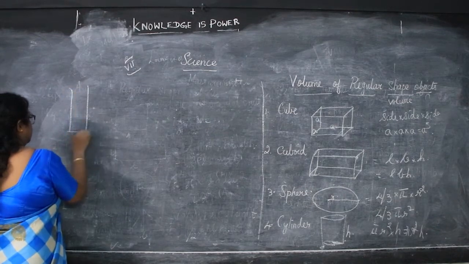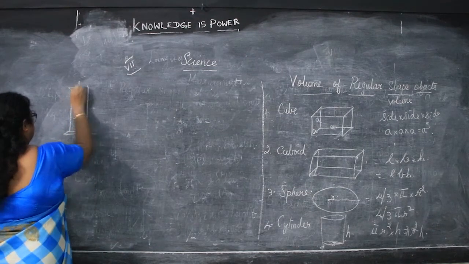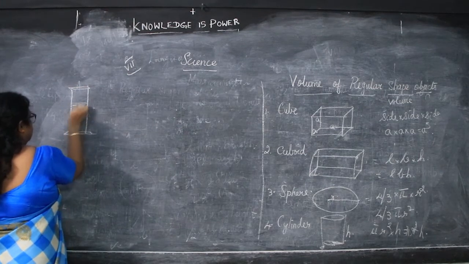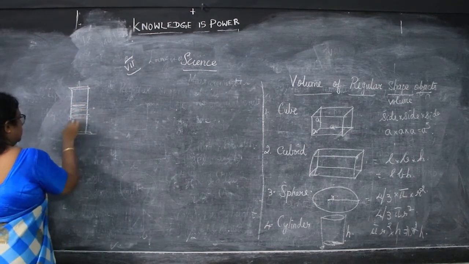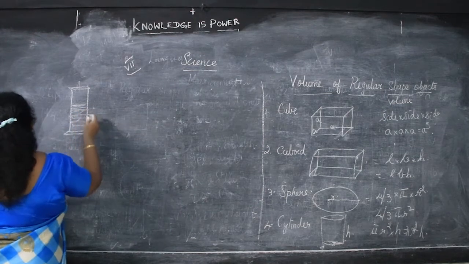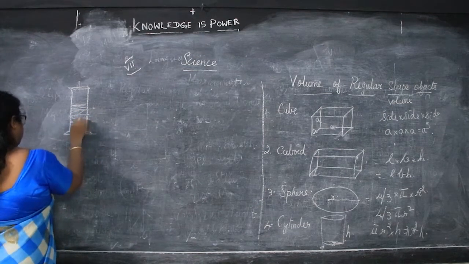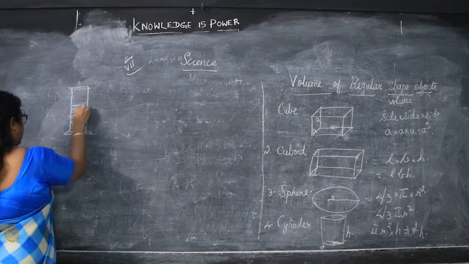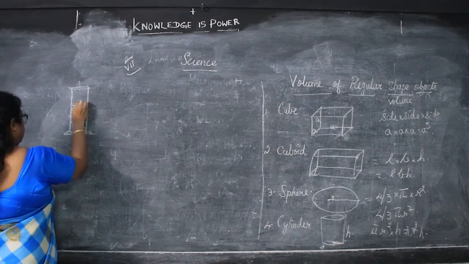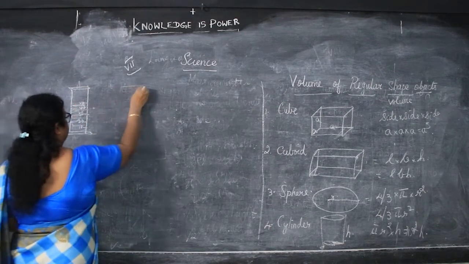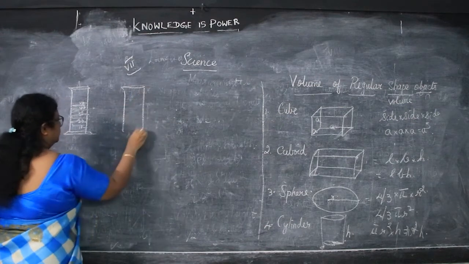Now, two measuring cylinders. This is water and this is in ml, and there is another jar.